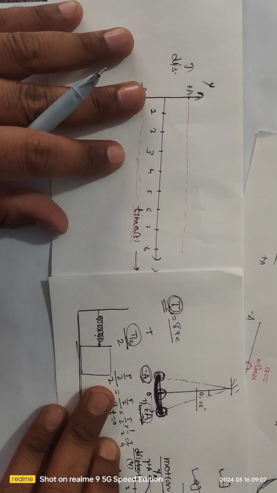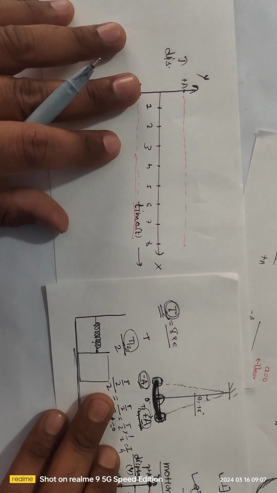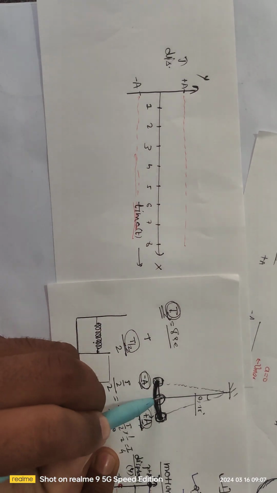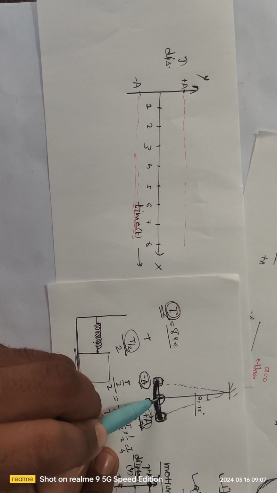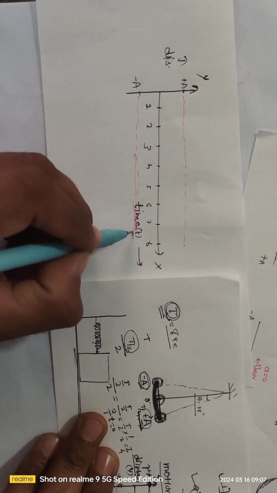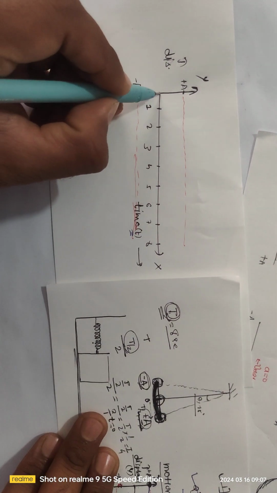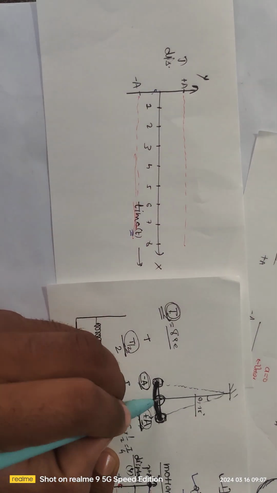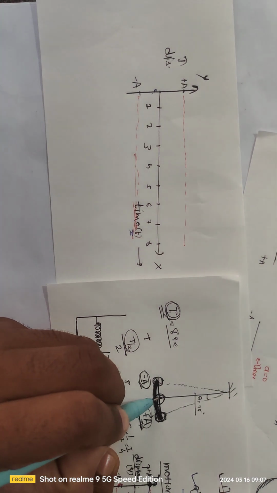Okay, look here, in this case I am starting oscillation from equilibrium position. So at t equal to 0, the displacement is 0. At t equal to 0, our particle is at the equilibrium position.